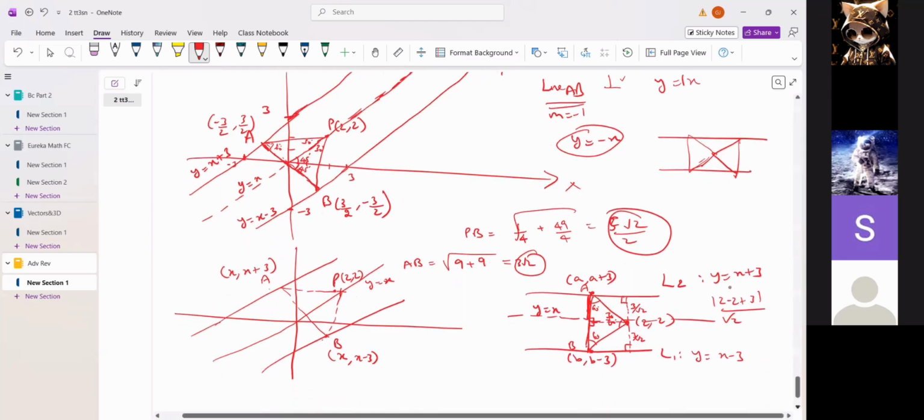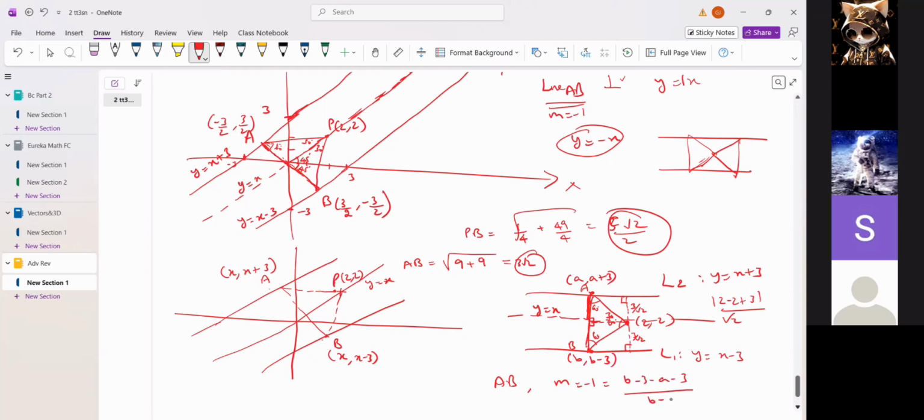So meaning its slope should be minus 1, because line 1 and line 2 have slope of plus 1. So AB line slope should be minus 1. Okay, so change in y by change in x.